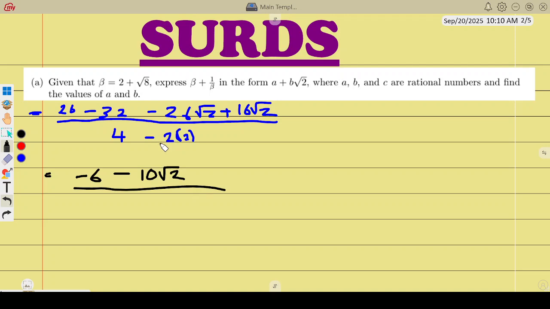Oh, wait, so this doesn't make so much sense. Here we have 2 times 2, that's 4, and we cannot say 4 minus 4. If we get 0, then this is undefined, so we might have made a mistake. So we can just quickly go back and check where things went wrong.